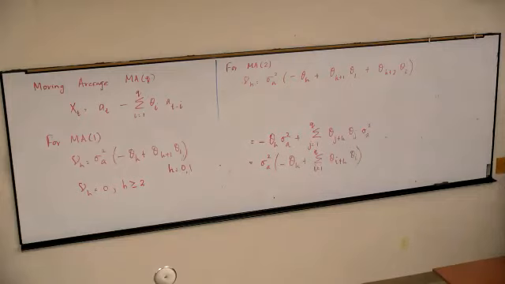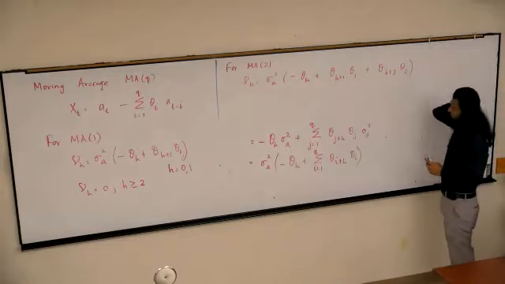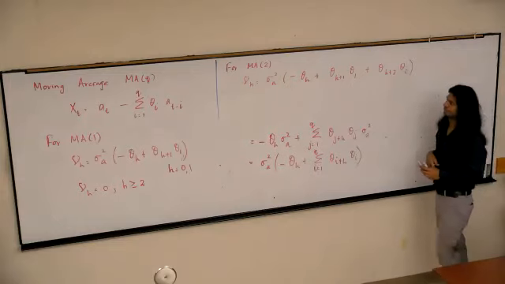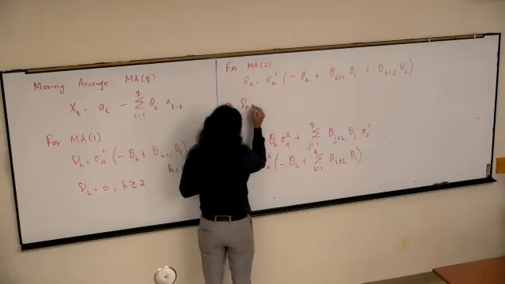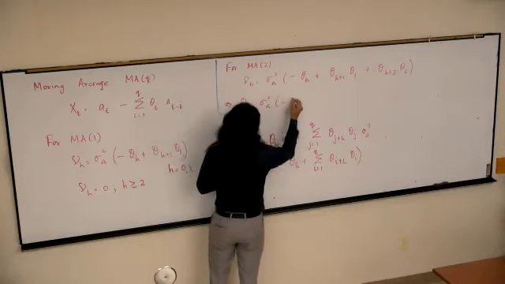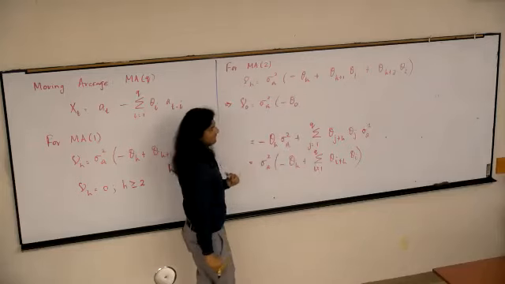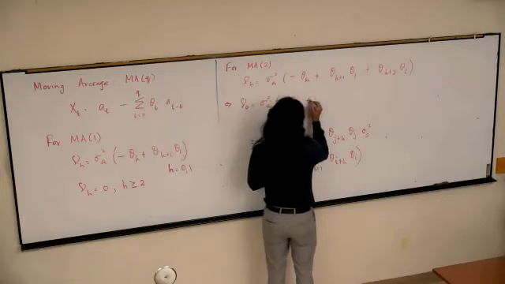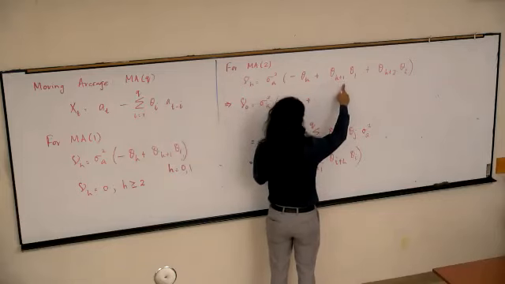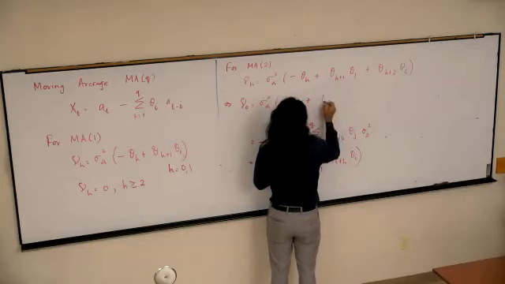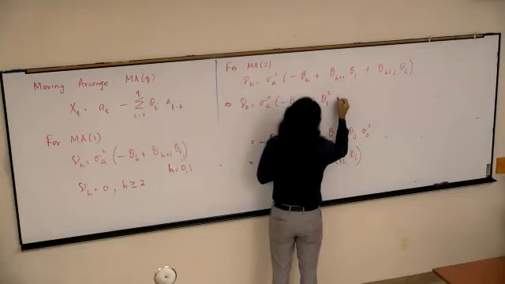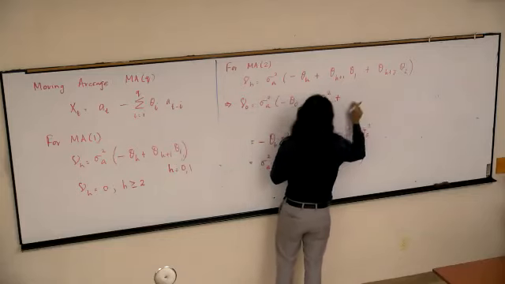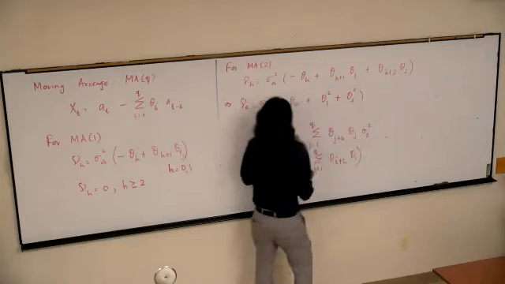It's an MA2 model, q is 2, you don't go past that. If I plug in 0, negative theta sub 0 plus theta 0 plus 1, theta 1 times theta 1 squared, plus theta 2 times theta 2 squared.